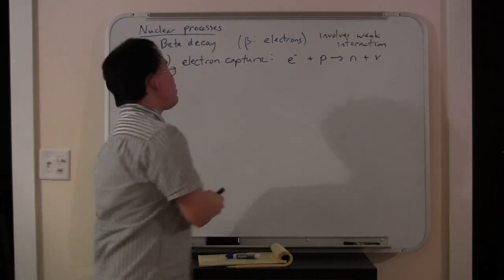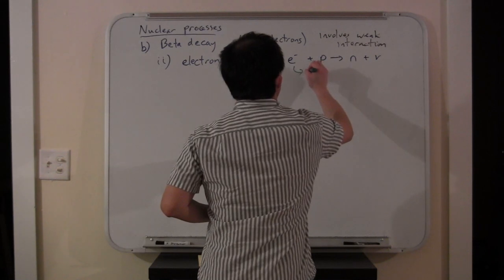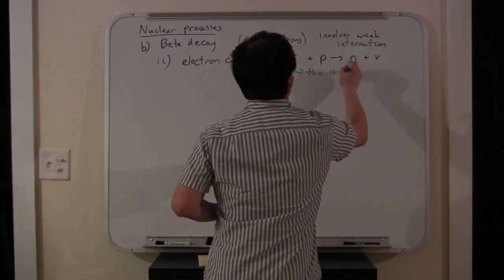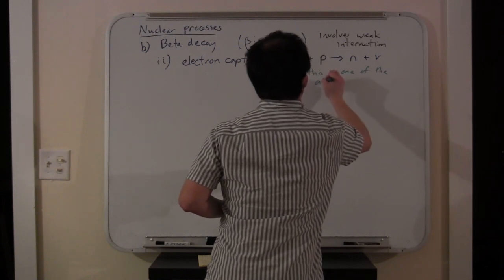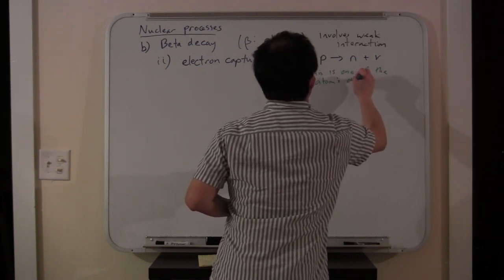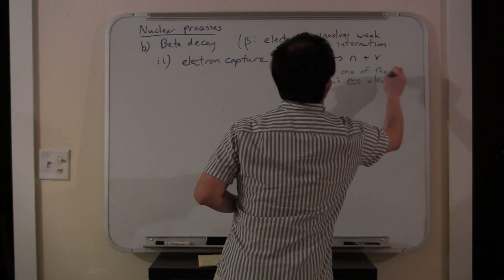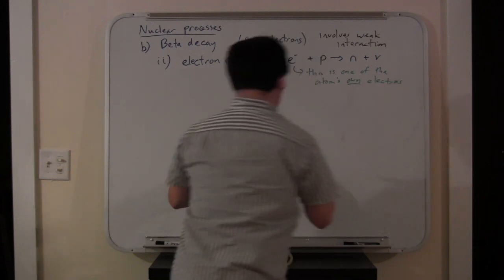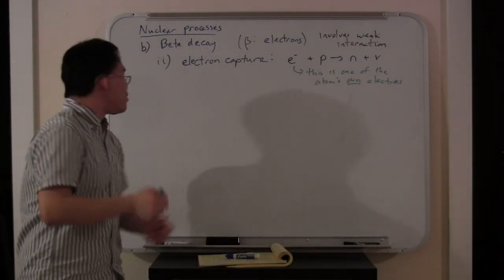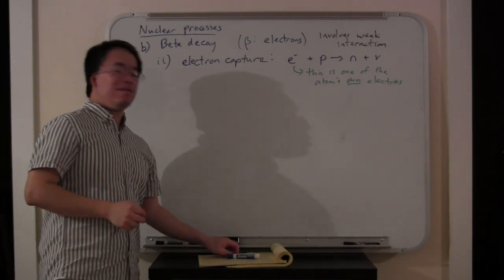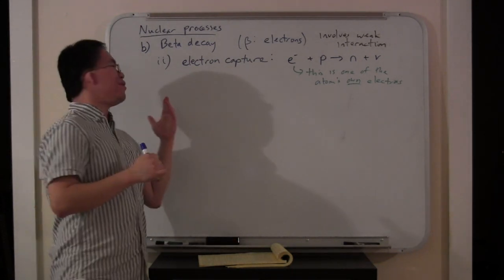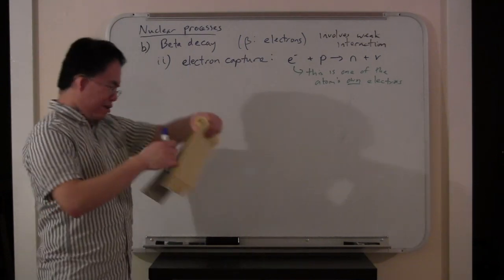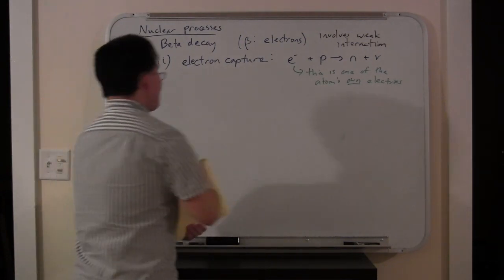So let me just note that this is one of the atom's own electrons that gets captured, quite literally, hence the name. So you can try to guess how the whole process goes. I'll just still write it out.